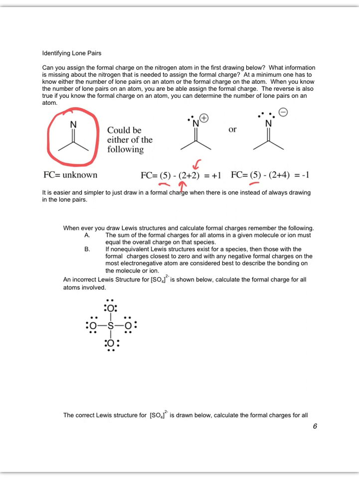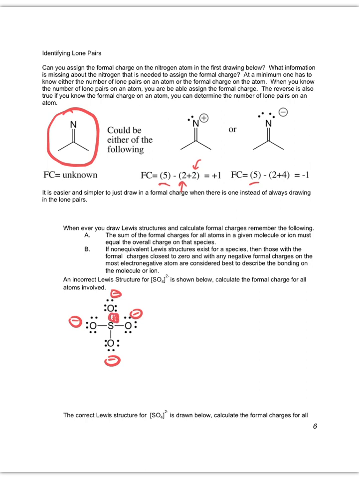Okay, so the next one down here, if we were to draw the sulfate ion here, SO4 2-, the first answer we would give is with the sulfur with 4 single bonds to the oxygens. But if we drew it this way, we know each of these oxygens has to be a -1. So if overall the SO4 2- ion is a -2 and we have 4 -1s, the sulfur has to be a +2.